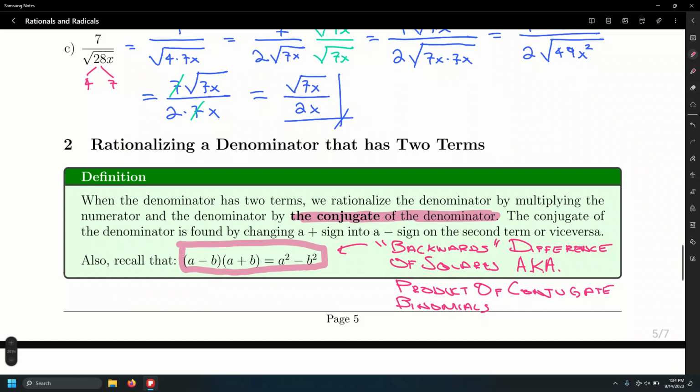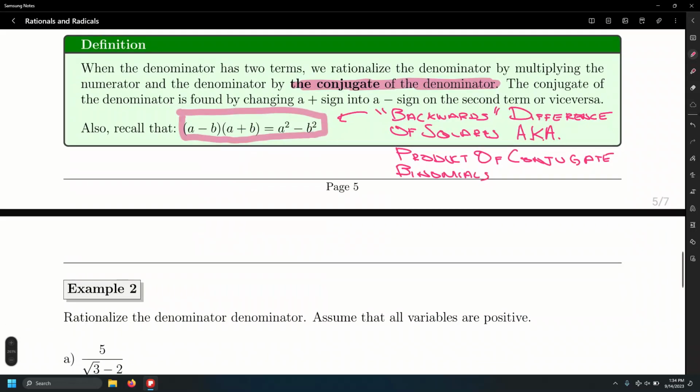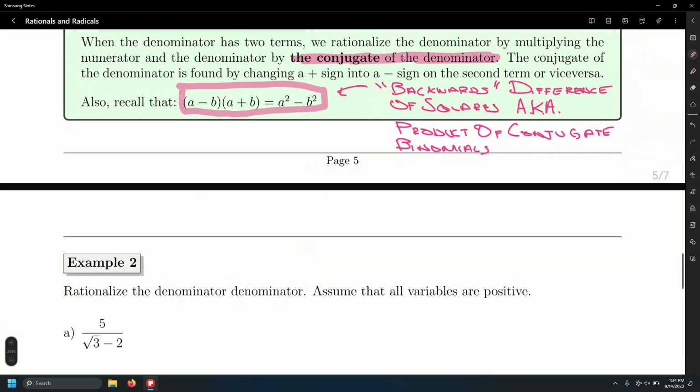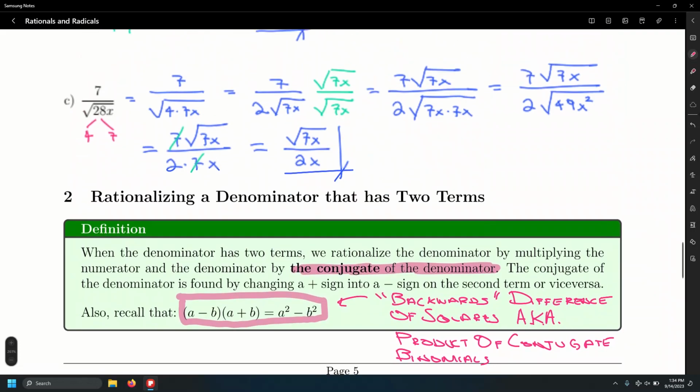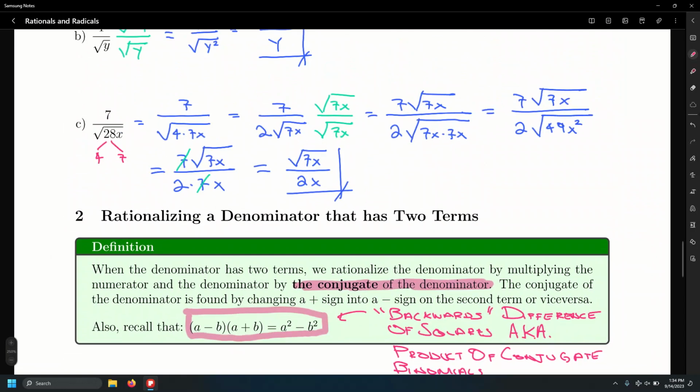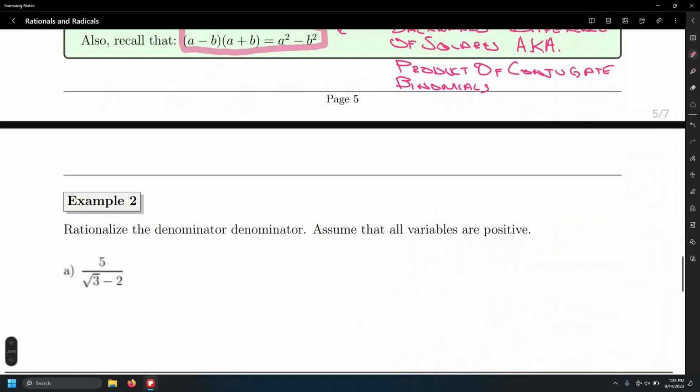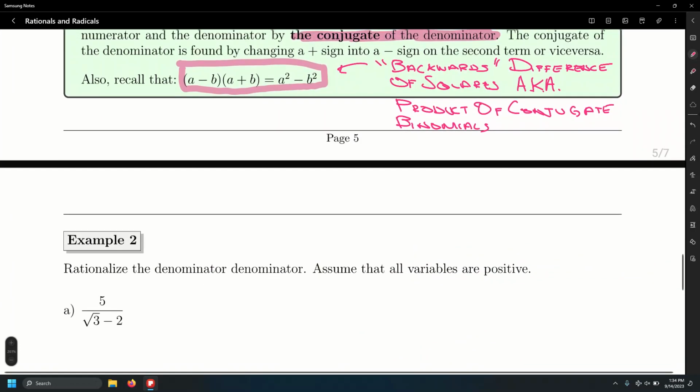All right. Okay, let's do one rationalizing of a denominator for which we have two terms in the denominator. And again, the ones we did before had one single term in the denominator. Notice how many terms in A, B, and C. All right, let's do one with two.